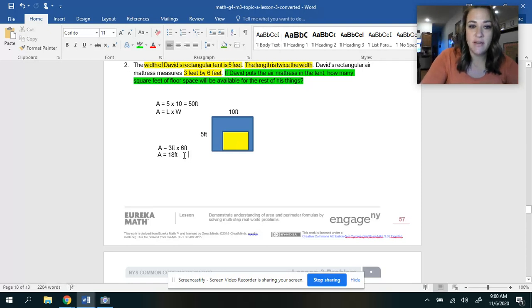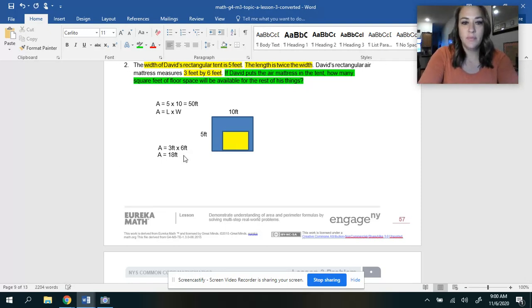So we're going to take 50 minus 18. Okay. And we've been working with subtraction. There's a few different ways you can do this. You can set it up as your standard algorithm. You can count up.